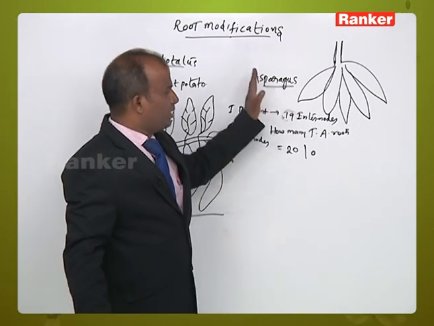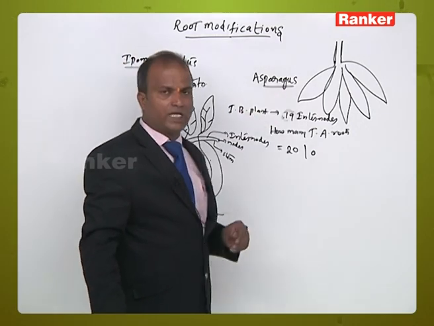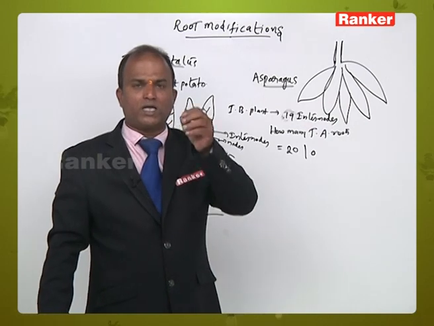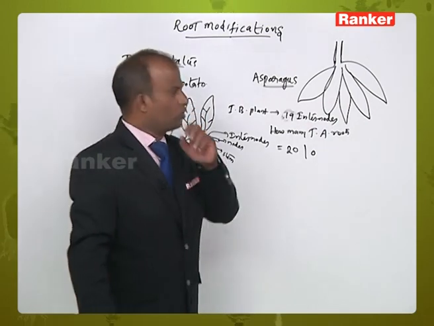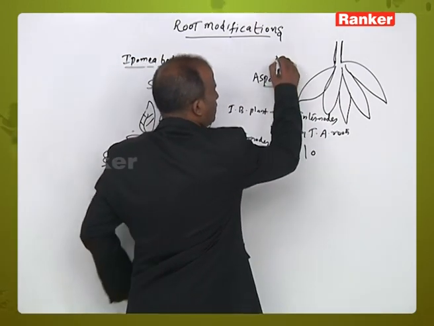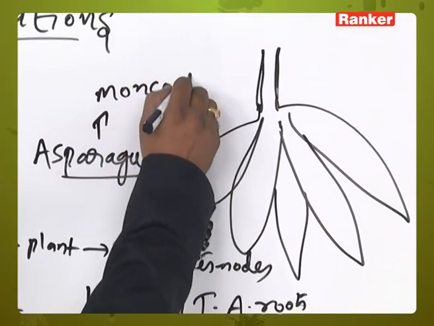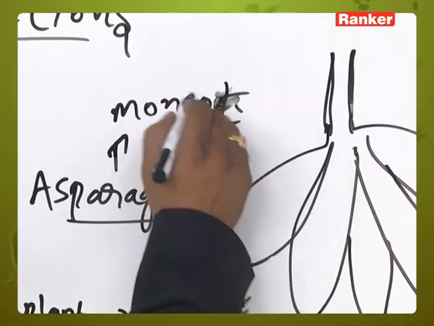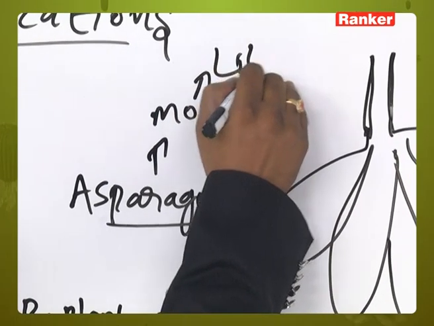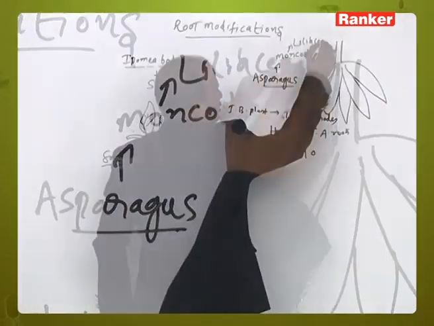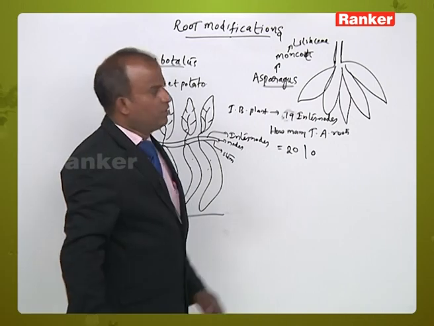Only in which plant? Asparagus. Can you tell me whether asparagus is a monocot or dicot? It is a monocot, belonging to the family Liliaceae.